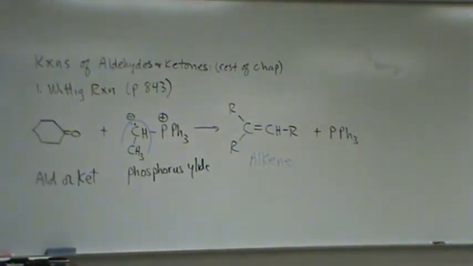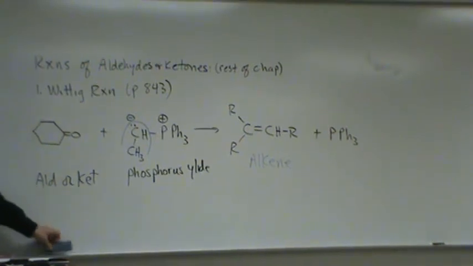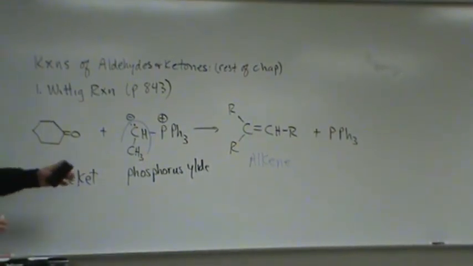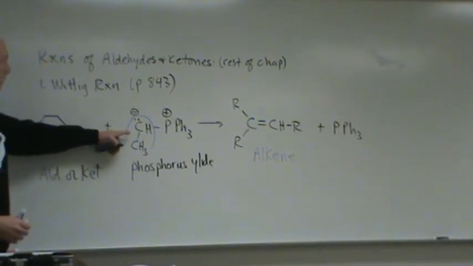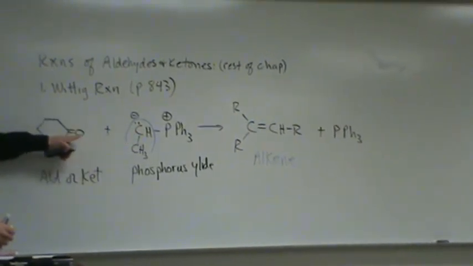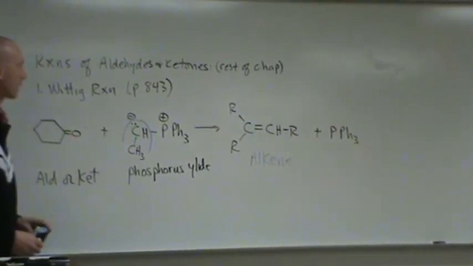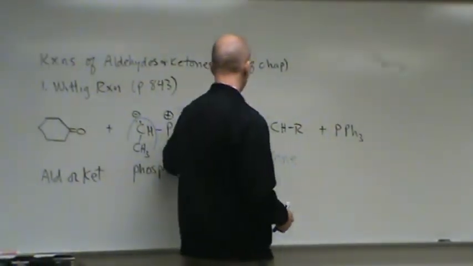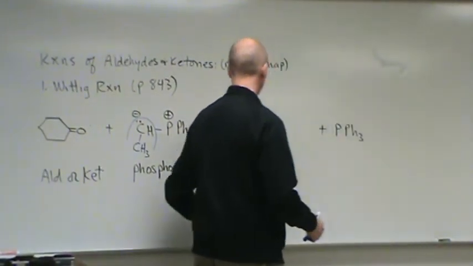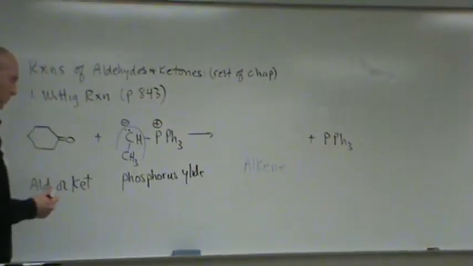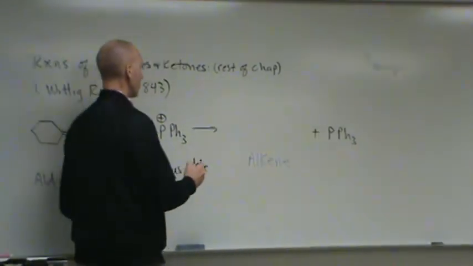So we're just replacing those R groups by carbon groups. So what's going to happen in the product? This carbon will double bond to that carbon. So let's show that.